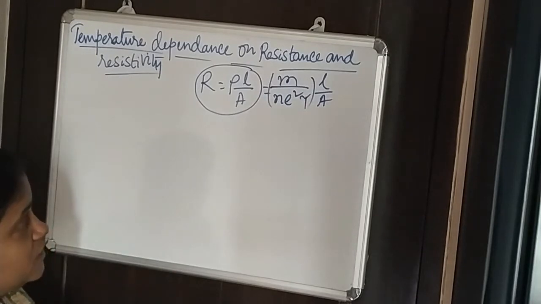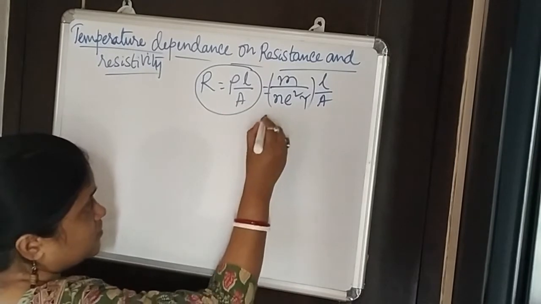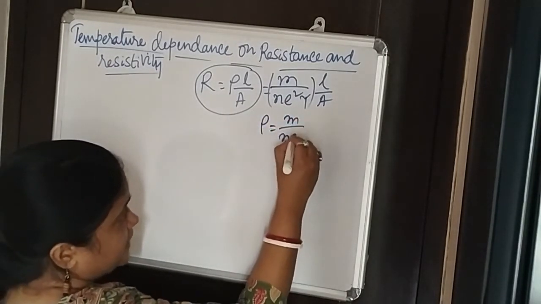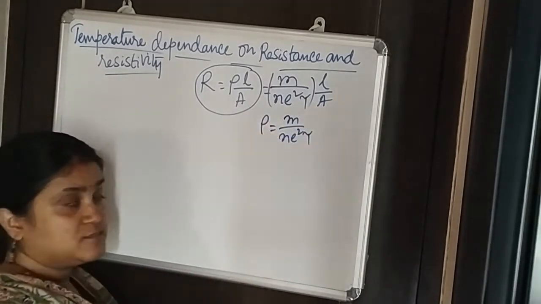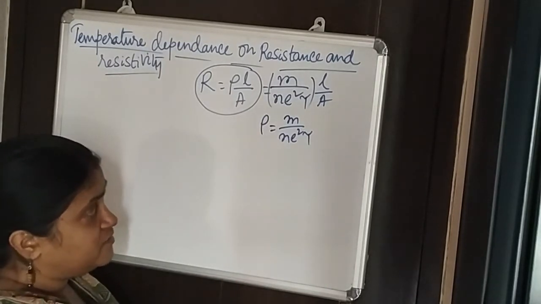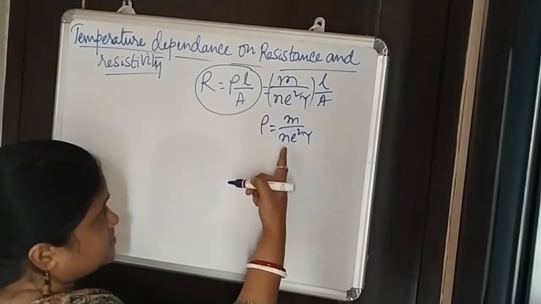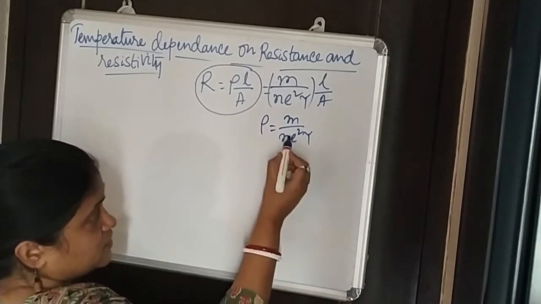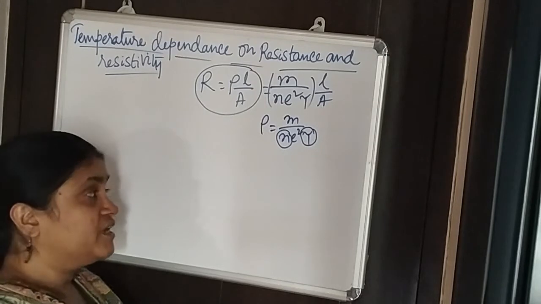So here we know that if you look at the expression for resistivity, which is m by n e square tau, as the electron's charge and mass are constant, you see that resistivity generally depends on the number of electrons as well as the relaxation time tau.